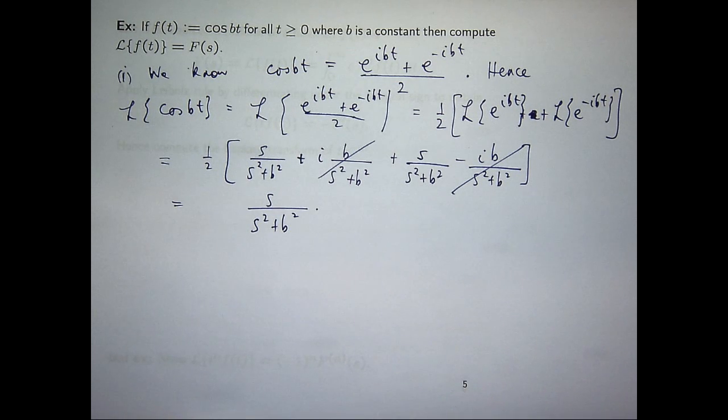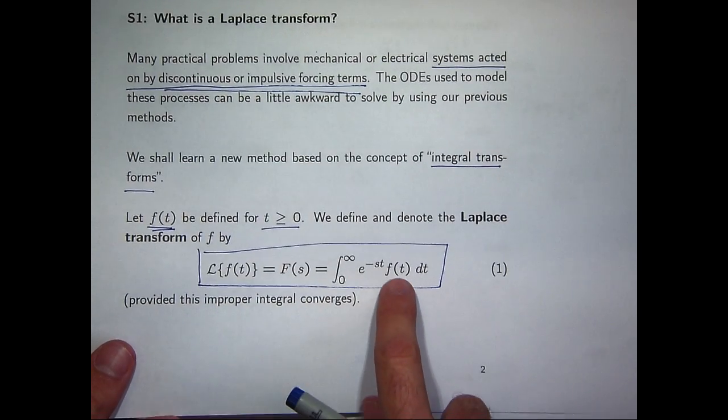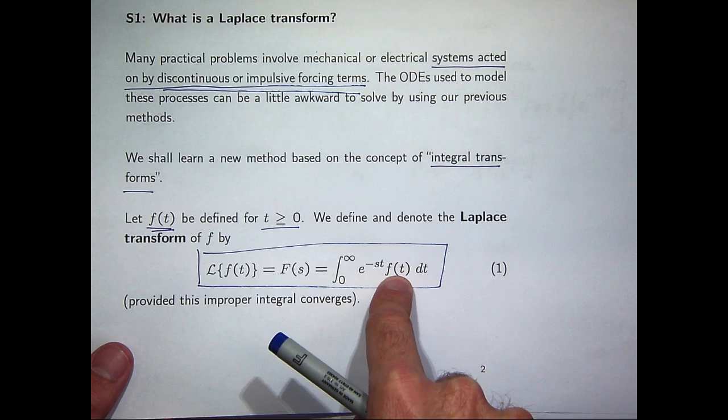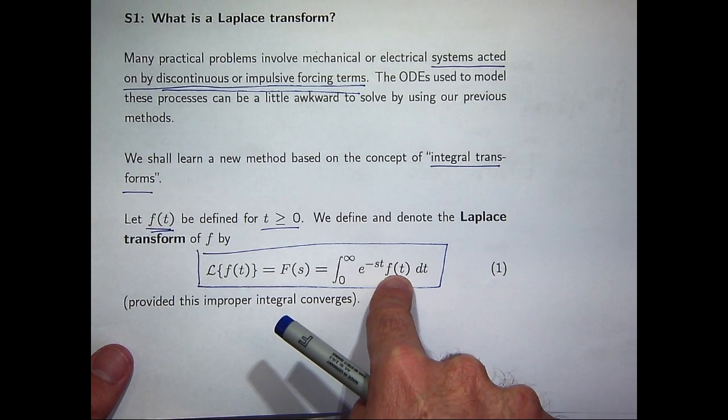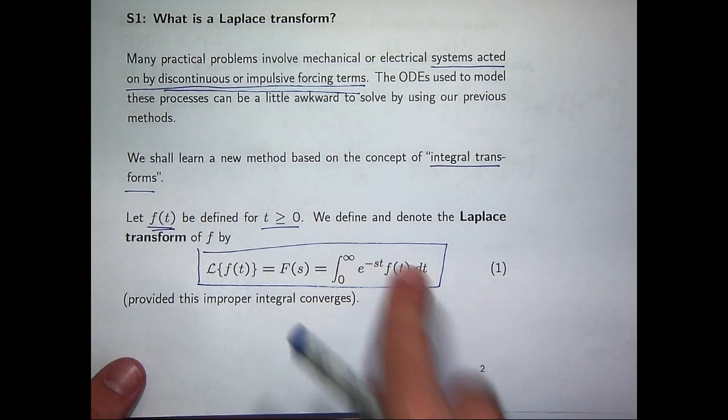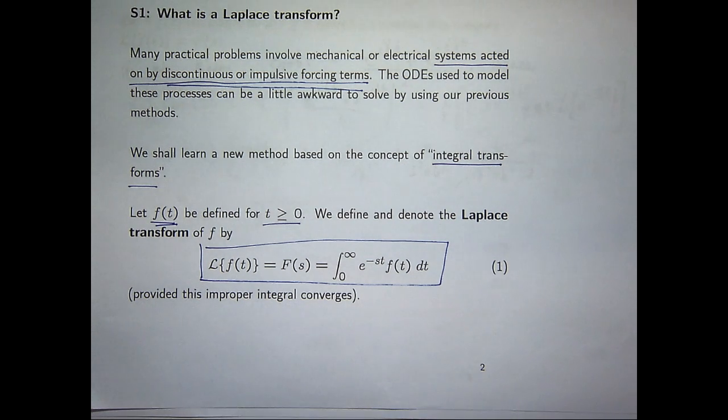Now, of course, if you wanted to, you could just put cosine bt in here and then integrate. But can anyone see why that wouldn't be optimal? You can do it, but why isn't it very fun to integrate an exponential times cosine? No, the integral is still defined, no problem. Yeah, you've got to use integration by parts.